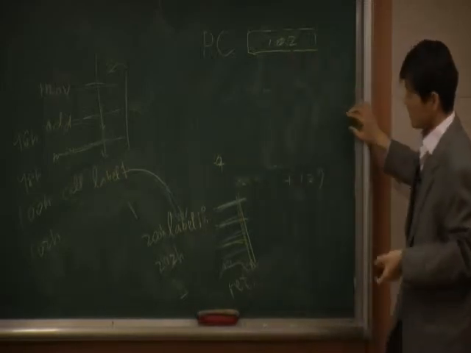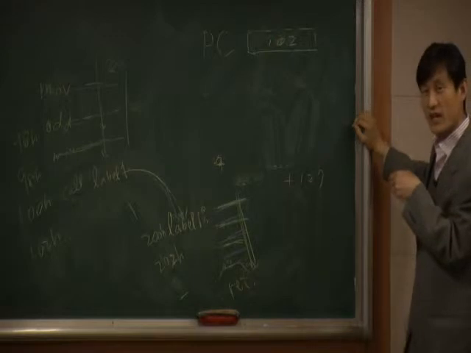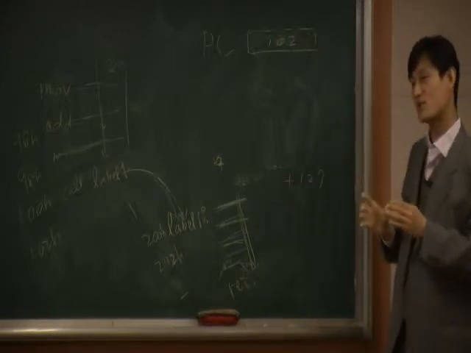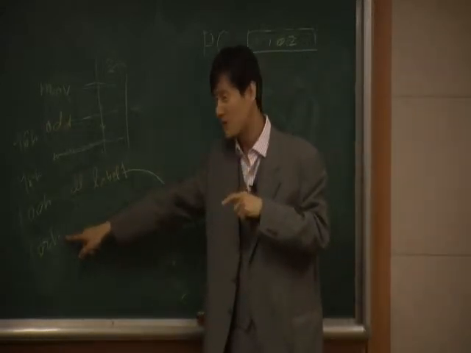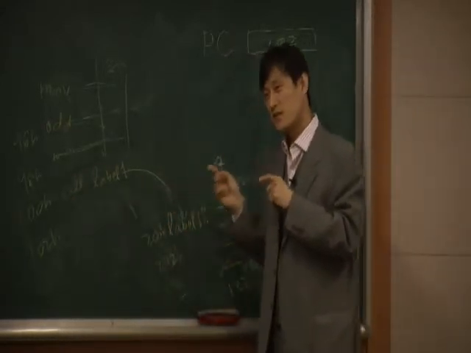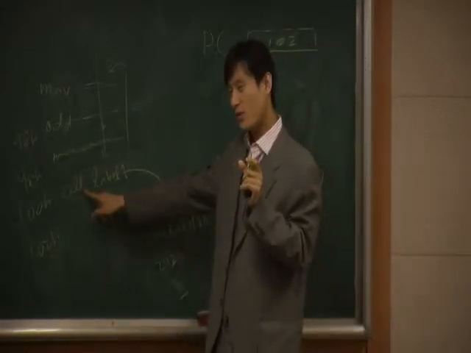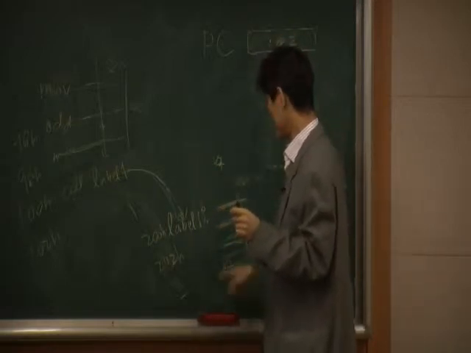Then what happened to this one? This one should be changed because it basically tells you my next instruction, and this is not my next instruction in this case because I jump. So whenever you have a call, you are going to change this value into 200.